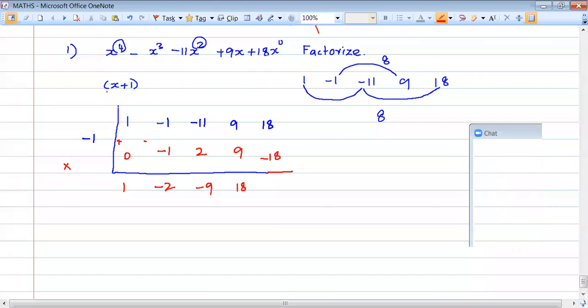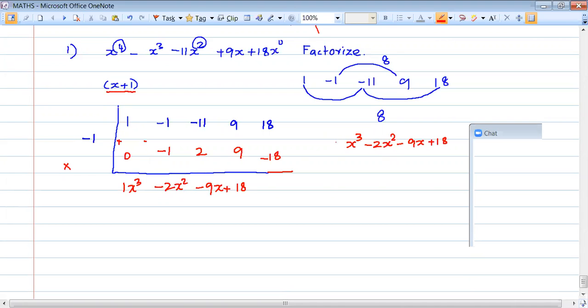So we know x plus 1 is a factor. So we have got 1, minus 2, minus 9 and 18. So how will you write this one separately? You can write x cube, minus 2x square, minus 9x plus 18.